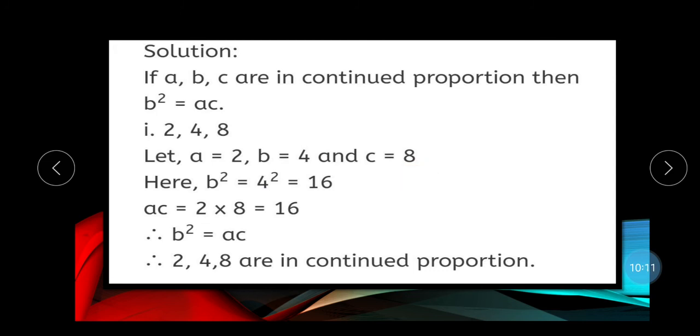Substituting the values, B square is equal to 4 square, that is equal to 16. AC is 2 and 8, so 2 into 8 we are getting 16. Both the values we are getting same. Therefore, B square is equal to AC. Therefore, final answer, 2, 4, 8 are in continued proportion.